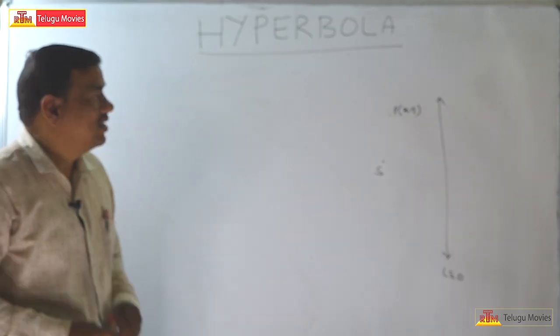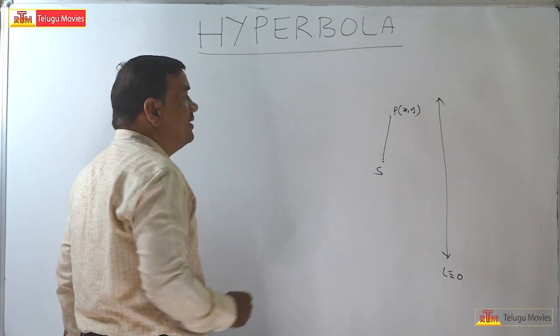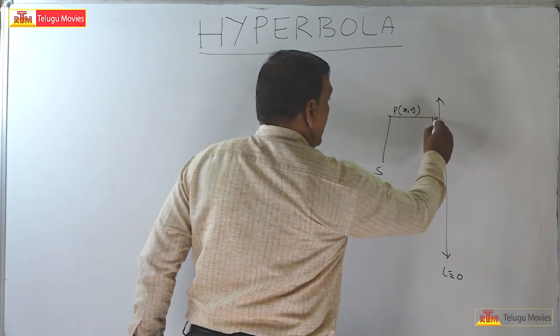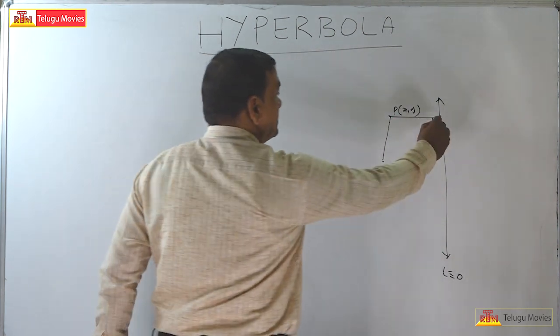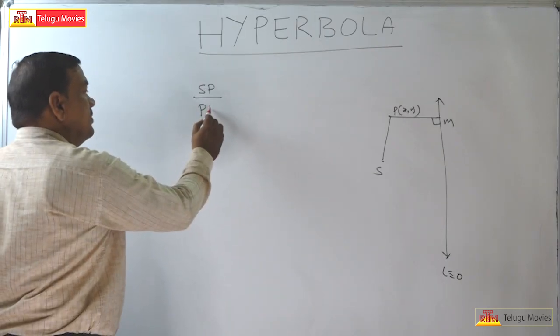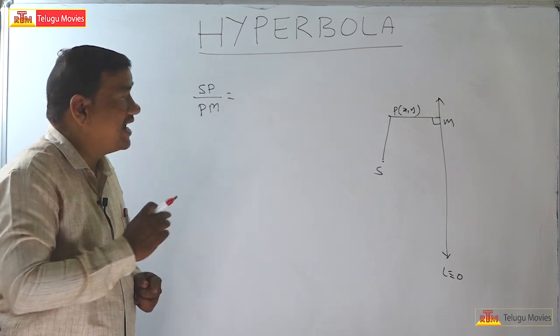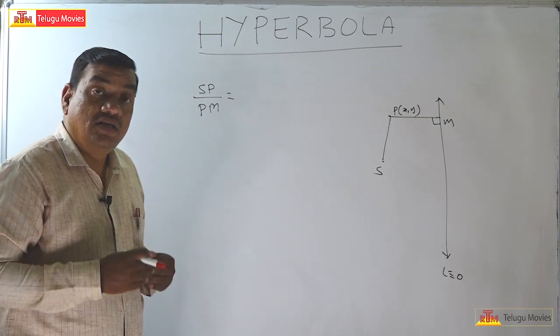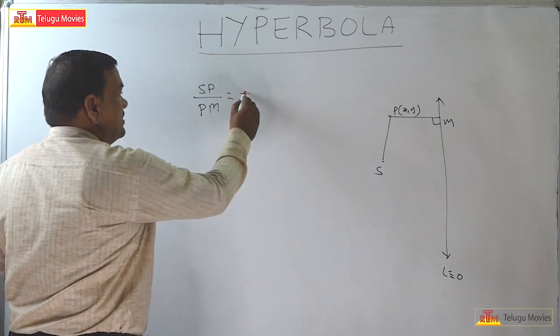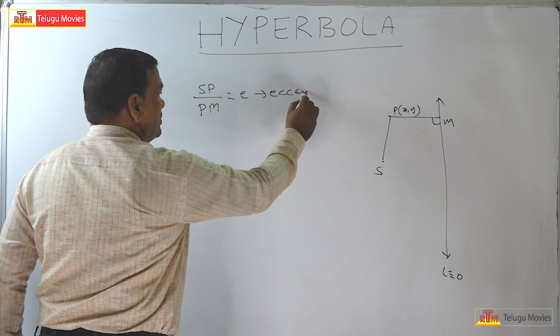Find the distance between S and P, and the distance from the point to the line, called M. Then SP by PM, the ratio of the distances of the point P from S and from the line, is called the eccentricity, denoted by the letter E.